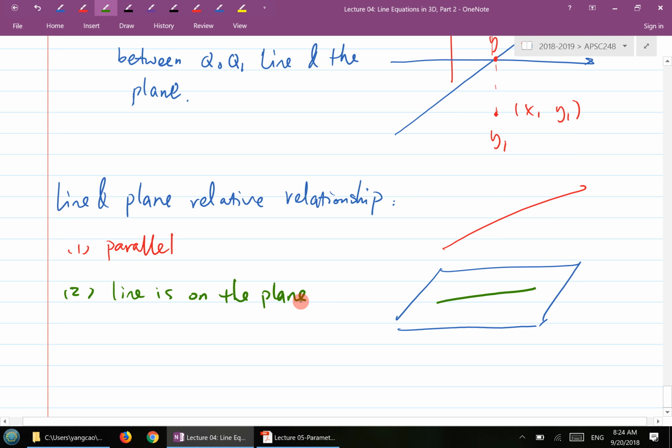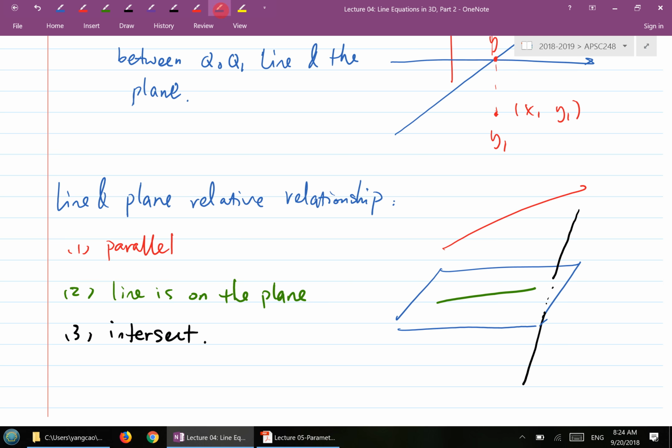And the third one is pretty obvious: you can have a line which intersects with the plane. So that's all the possible relationships here.